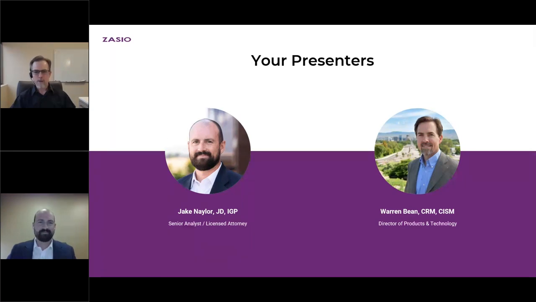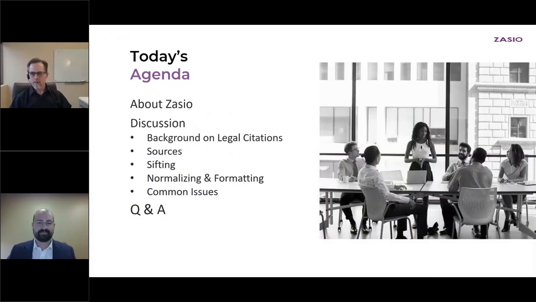A quick note about our plan for today as far as the agenda. I'll give you a quick rundown about who we are in case you haven't heard of Zasio before, and then we'll jump right into the discussion. We've got some good background information on citations, what they are, with some examples. Then we'll jump into how we do it: the sources, sifting through the information, normalizing and formatting, and the kinds of problems you run into naturally.